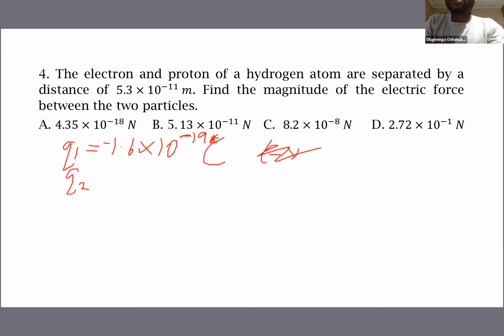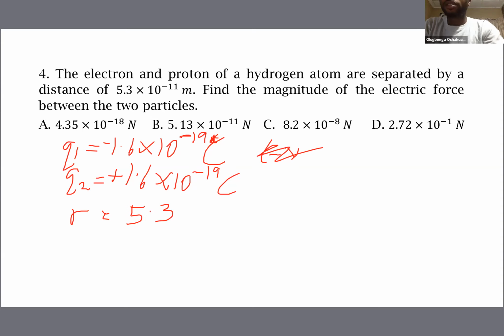Let Q2 be the charge of the proton, and that will be plus 1.6 times 10 raised to the power minus 19 coulomb. Then the distance between them, R, is equal to 5.3 times 10 raised to the power minus 11 meter.